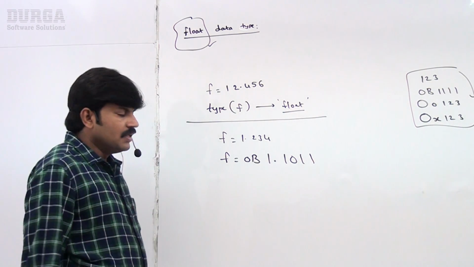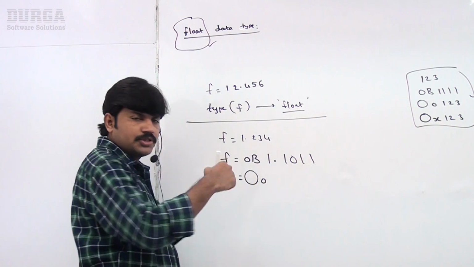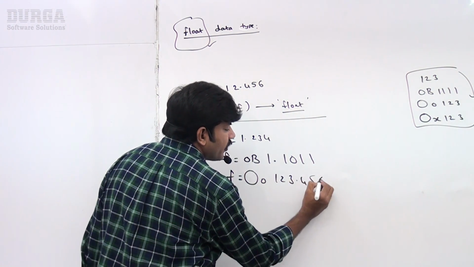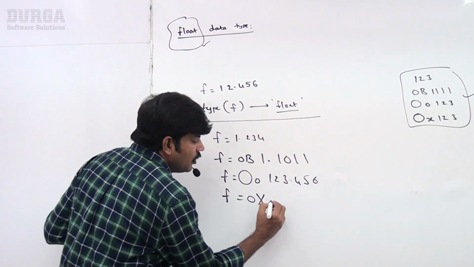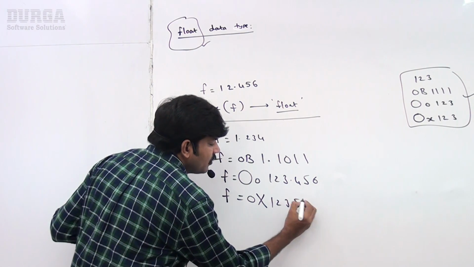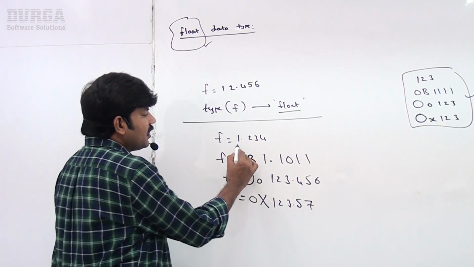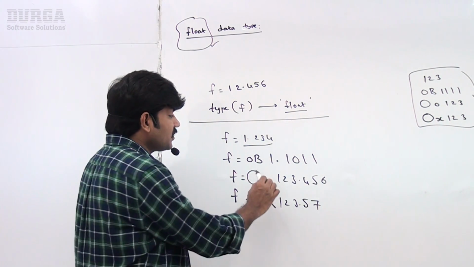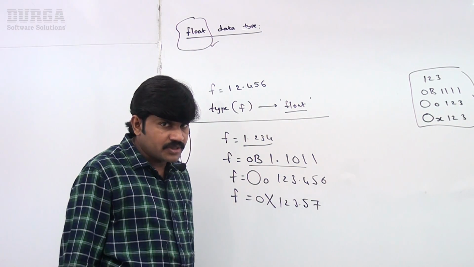Next, f is equal to 0o123.456. And f is equal to 0x123.57, something like this. Can you please observe? This is the decimal float value. This is the decimal float value. Can you please tell what about this one?